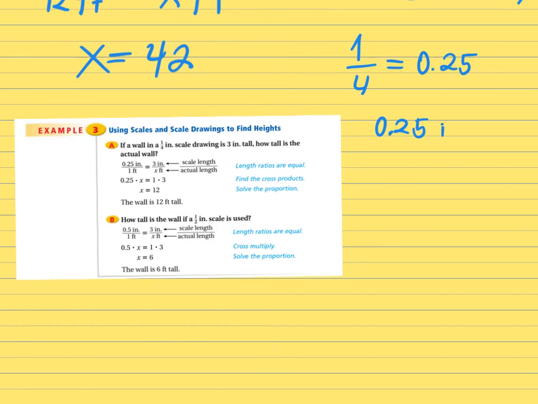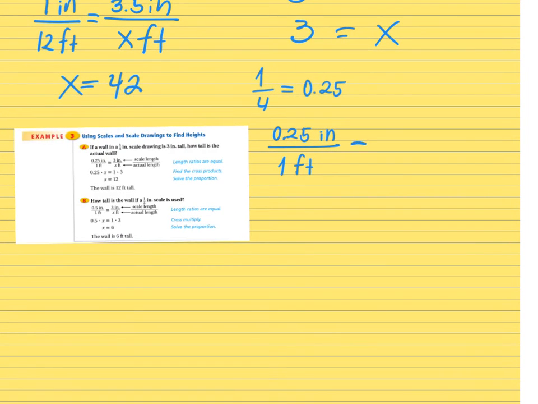So then it's 0.25 inches over 1 foot, and that equals 3 inches, and we need to find the actual size of the wall. Again, we only need to do cross multiplication.